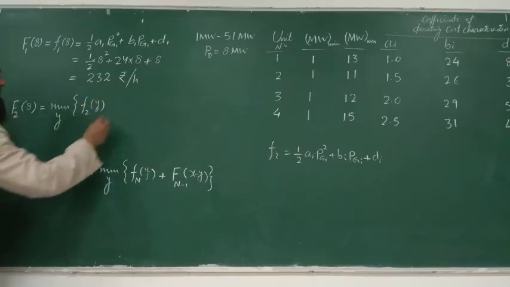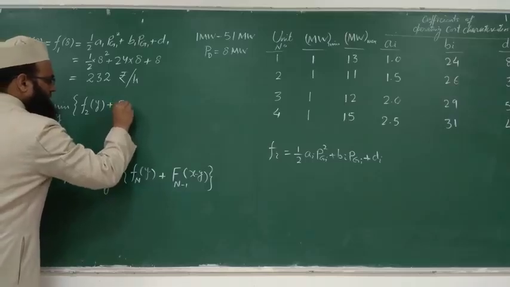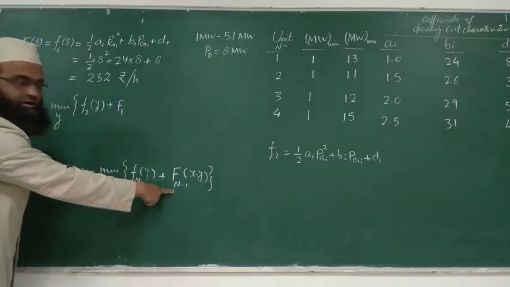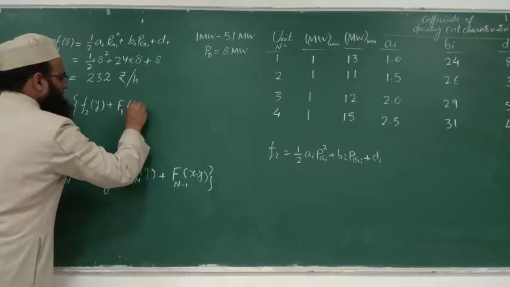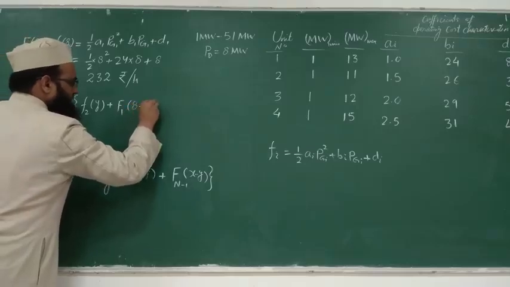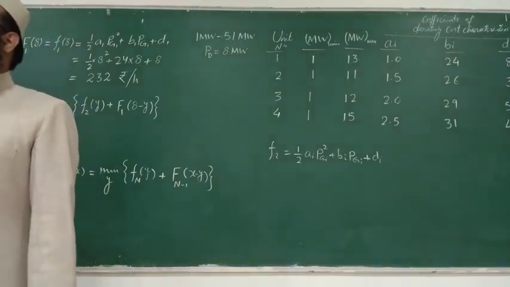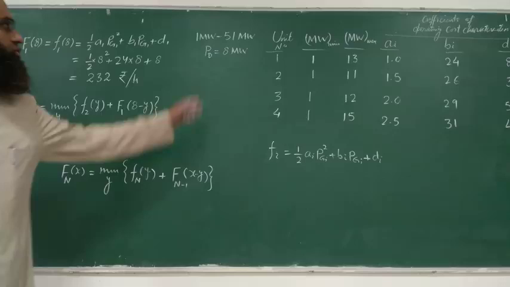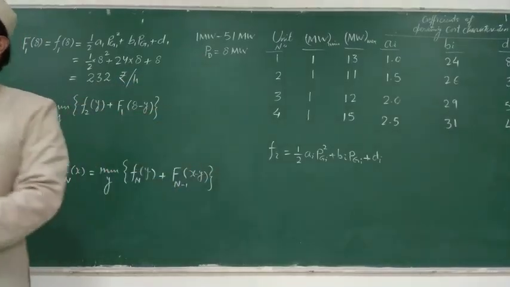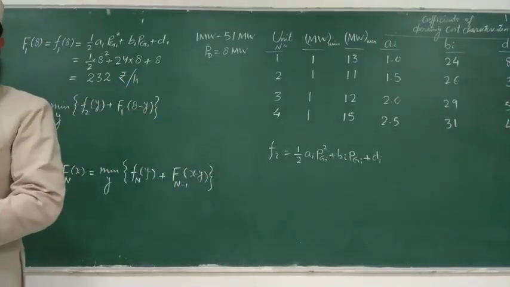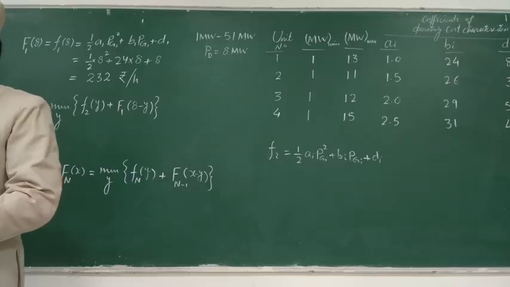F2(y) plus F1 with n minus 1, and what will it be? 8 minus y. Let's check it. Isn't it? What is our next step? We are going to calculate the operating cost corresponding to this demand of 8 megawatt when 2 units are operating. Is it clear to you?